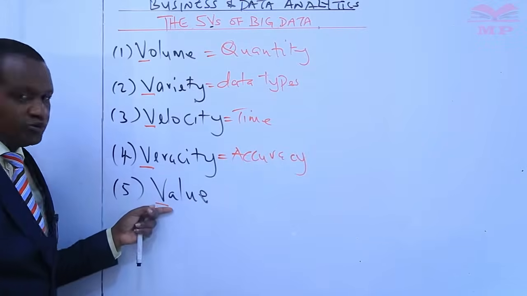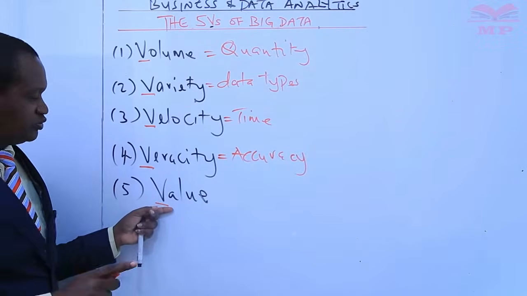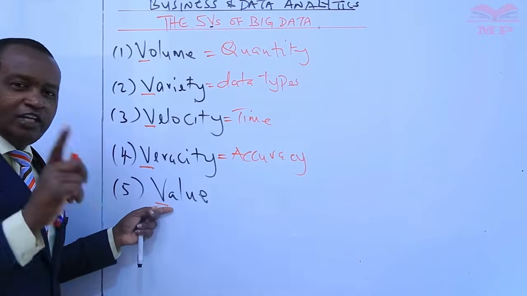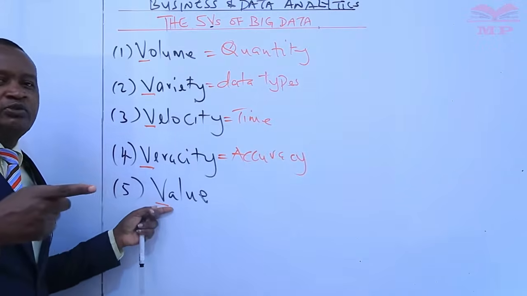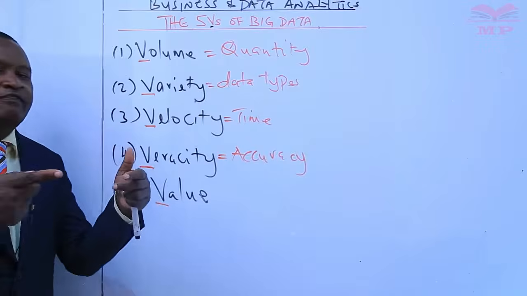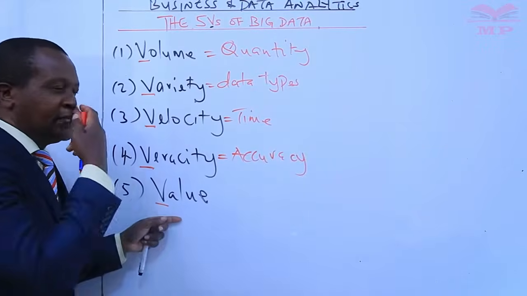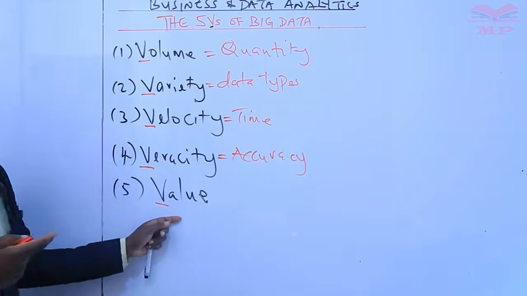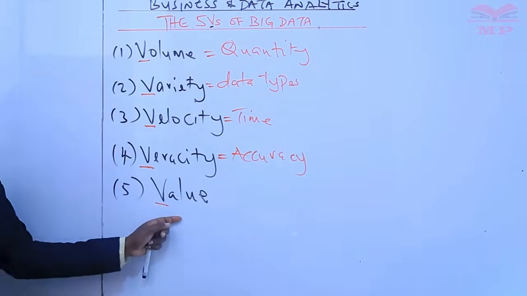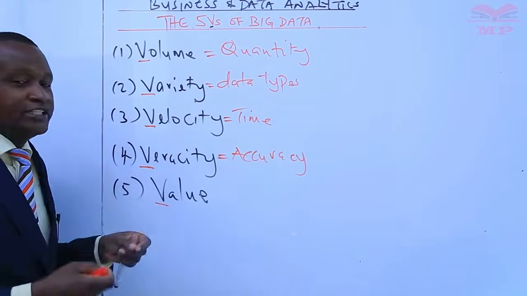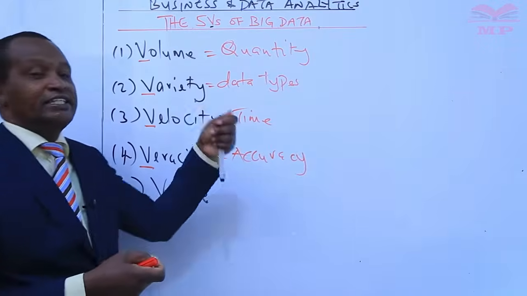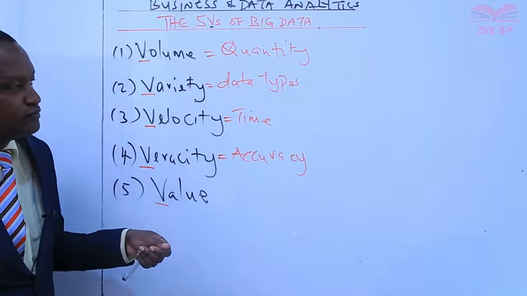Then we have value. Value refers to the value that big data can provide, the added value that big data can provide, and it relates directly to what organizations can do with the collected data.